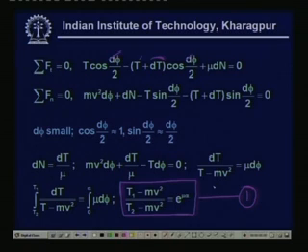So, this relates the tension, the belt material, the belt speed, the coefficient of friction and the angle of wrap, that means how much angle the belt is having in contact with the pulley.